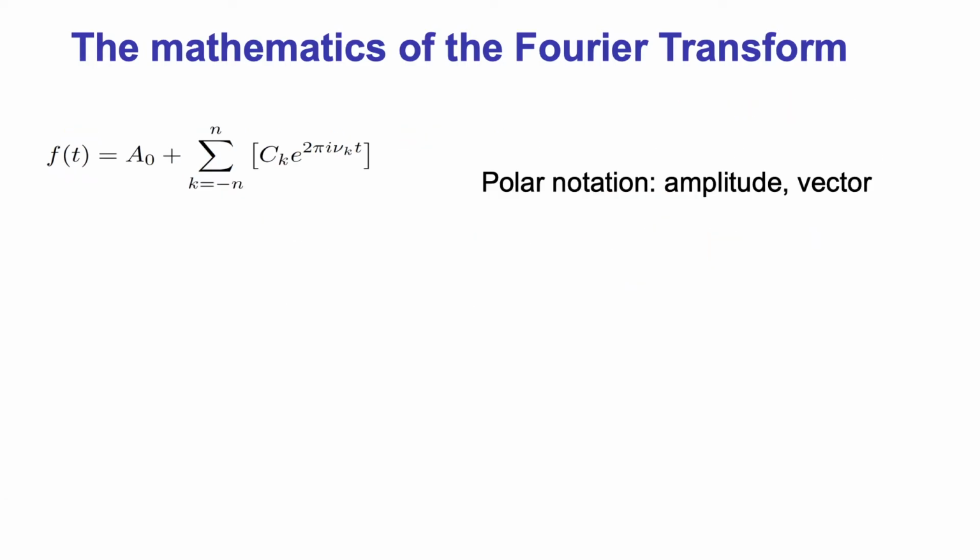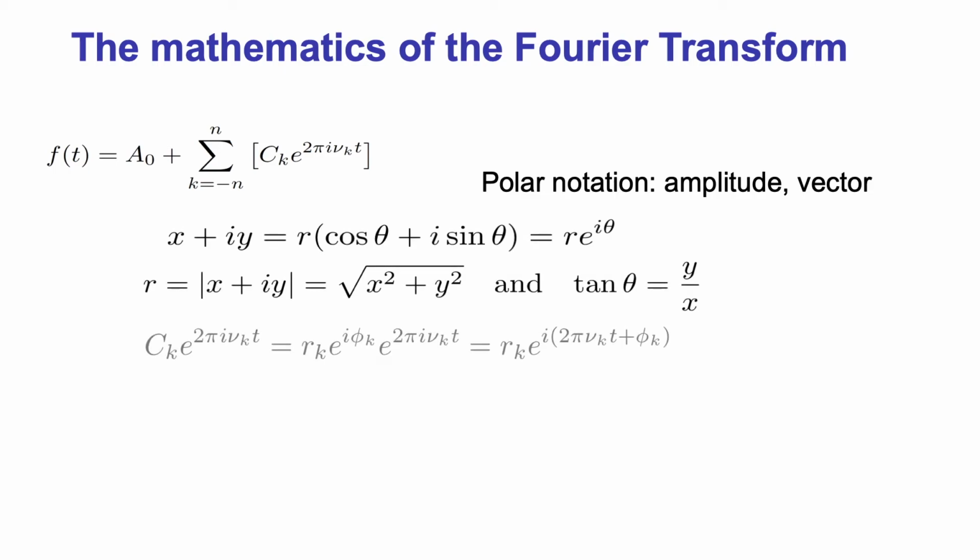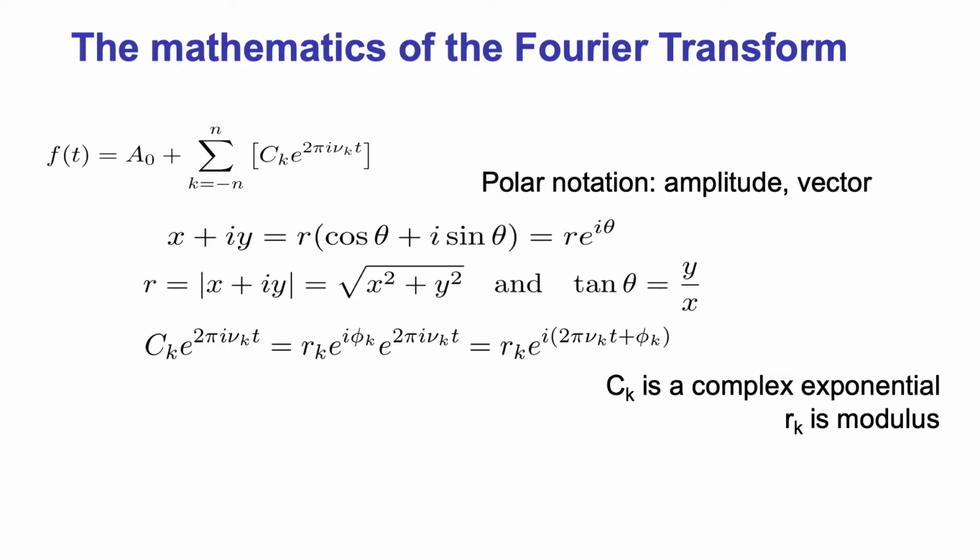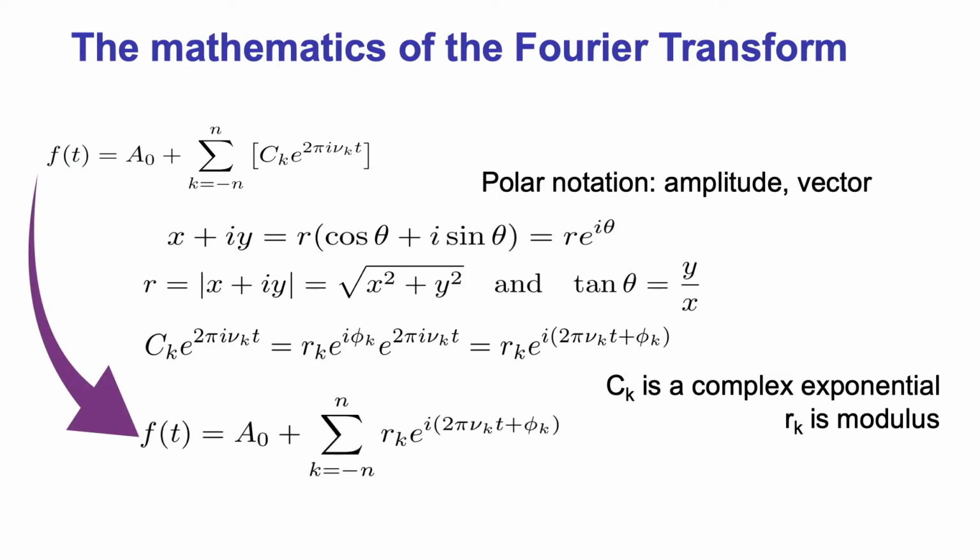Next, by means of the polar notation of complex vectors, expressed in terms of modulus and phase, we can express the series as a sum of complex exponentials from minus n to n, where r sub k is the modulus, and nu k and phi k the frequency and phase of the kth harmonic, respectively.